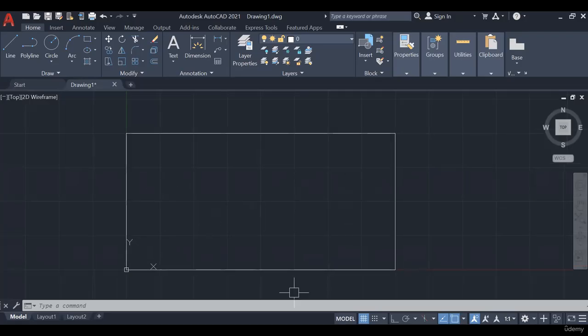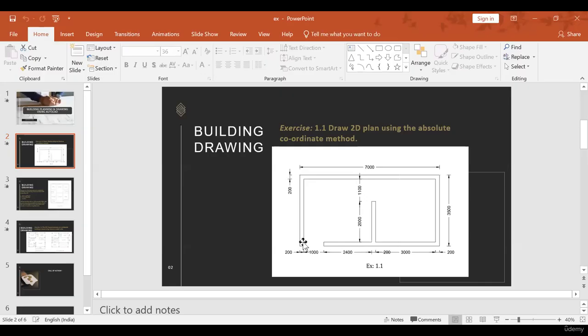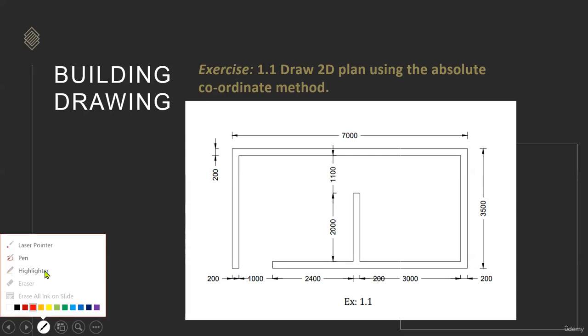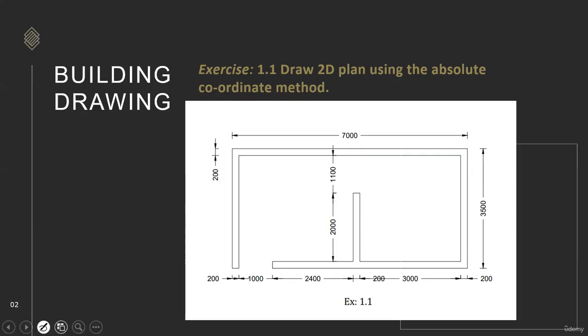Okay, so for that, what I am doing here is, I am considering this as 200 by 200. So the x coordinate, that is the lower left corner, I am considering 200 by 200. After that I am considering the remaining coordinates.